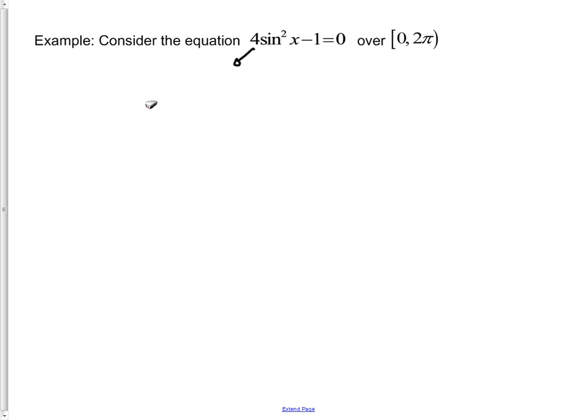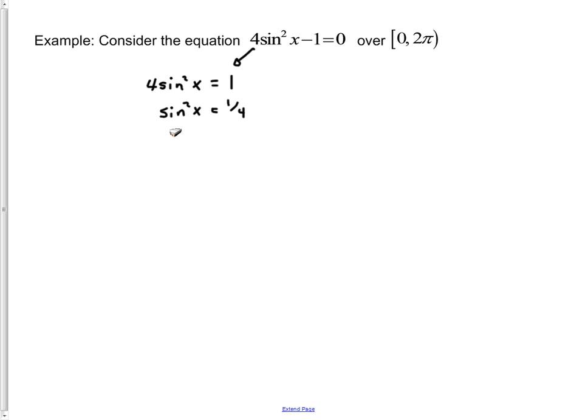Well, really, in this case, we could just carry out some basic algebra to isolate the sine by taking 4 sine squared x minus 1 and adding 1 to both sides to get an equation that looks like 4 sine squared x equals 1. Dividing both sides by 4, we get that sine squared x is equal to 1/4. And then taking the square root of both sides.